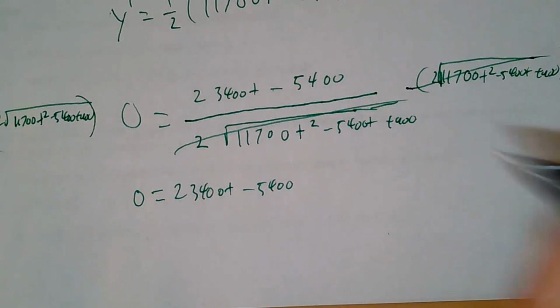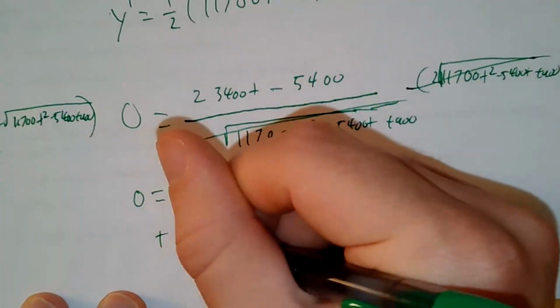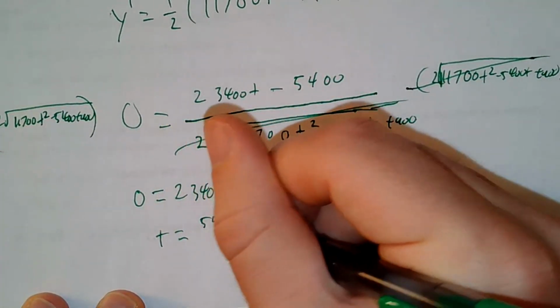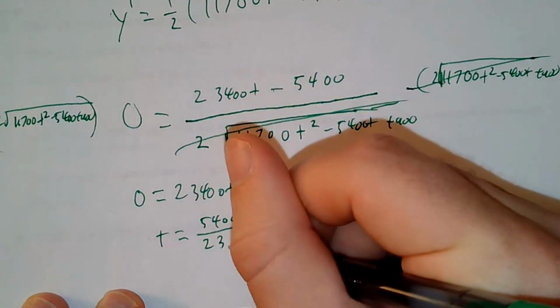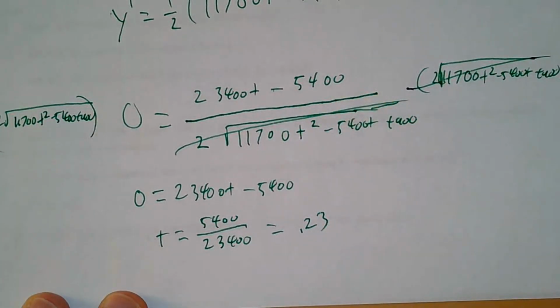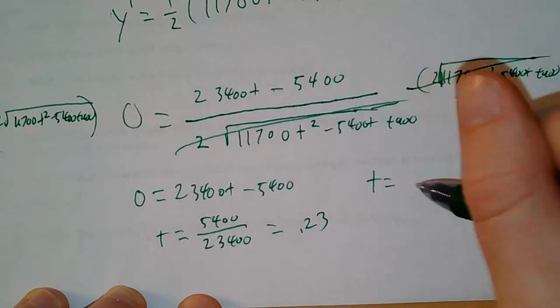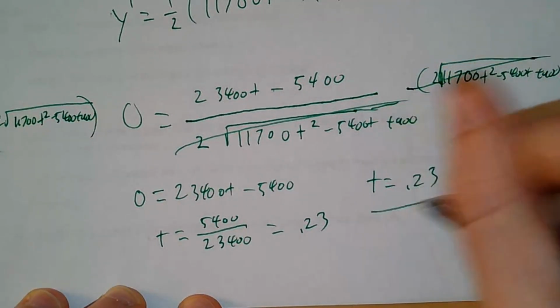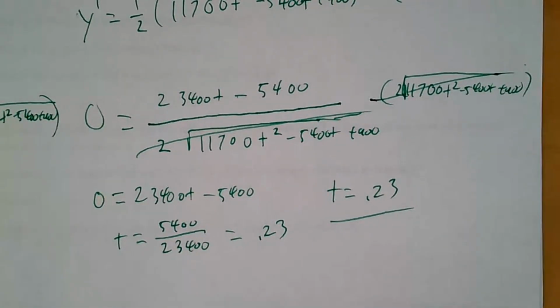Solve that for t. Move the 5,400 over. T equals 5,400 over 23,400, which equals 0.23. So minimum distance happens at t equals 0.23 hours, right? It's about a quarter of an hour nearly.